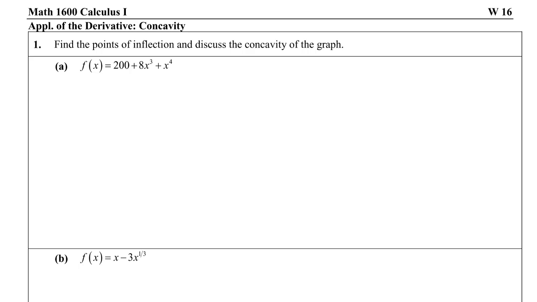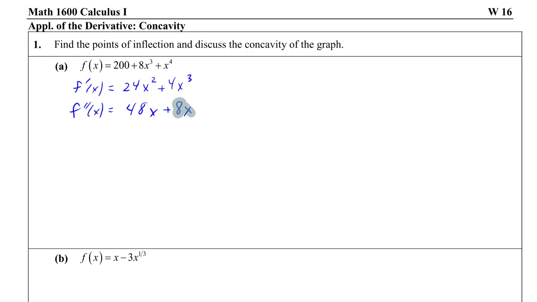Okay, so let's do a few more examples of the inflection points and concavity from the second derivative. Here we have a function f of x. Again, we're going to get to the second derivative after the first. The first derivative would be 24x squared plus 4x cubed. Second derivative, 48x plus 12x squared.